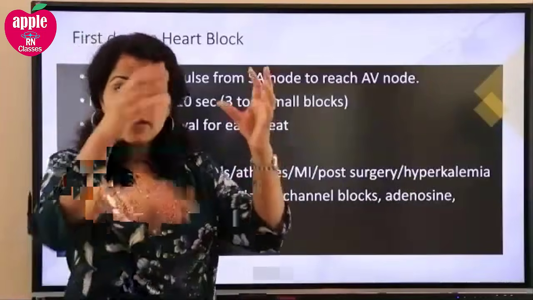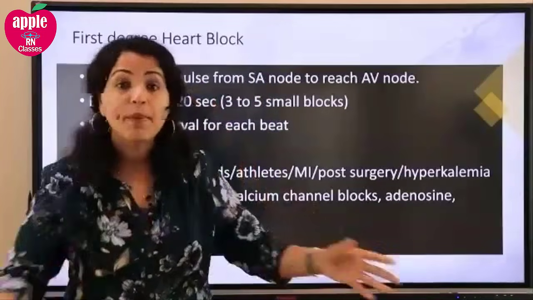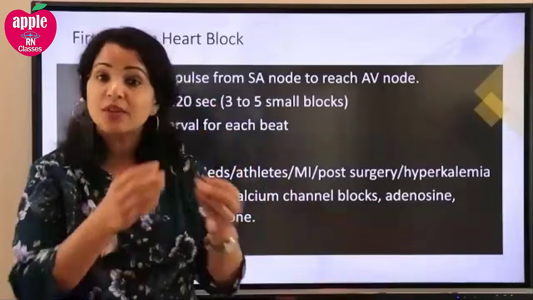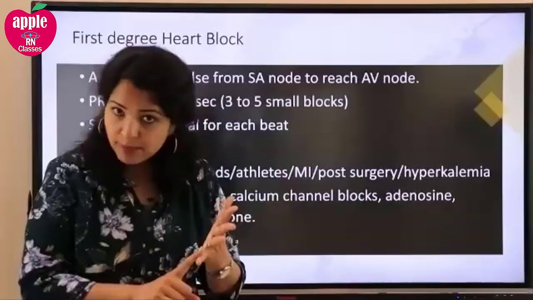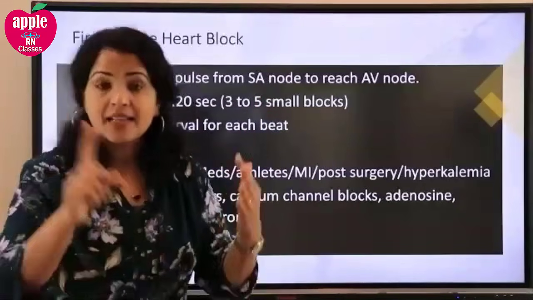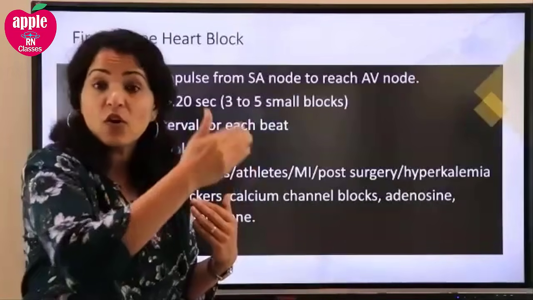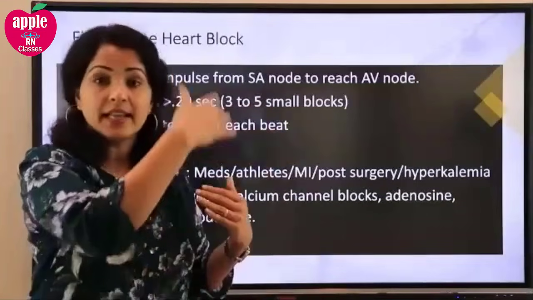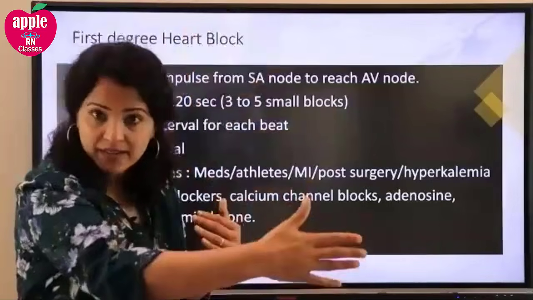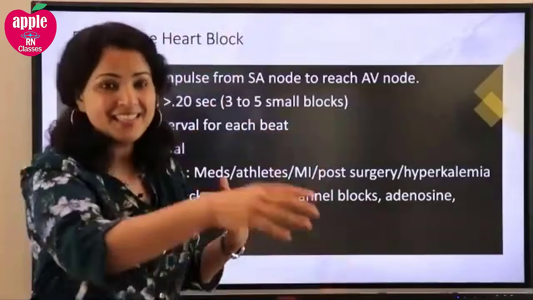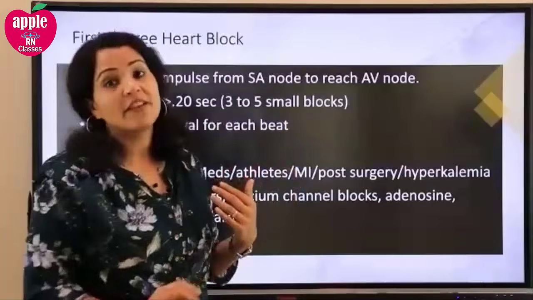Now remember, even though there is a little delay, the impulse is passing through the AV node. So there has to be a P, there will be a QRS, there will be a T. There won't be any problem there. There will be a P, there will be a QRS T, there will be another P, there will be a QRS T. That rhythm will always be there.